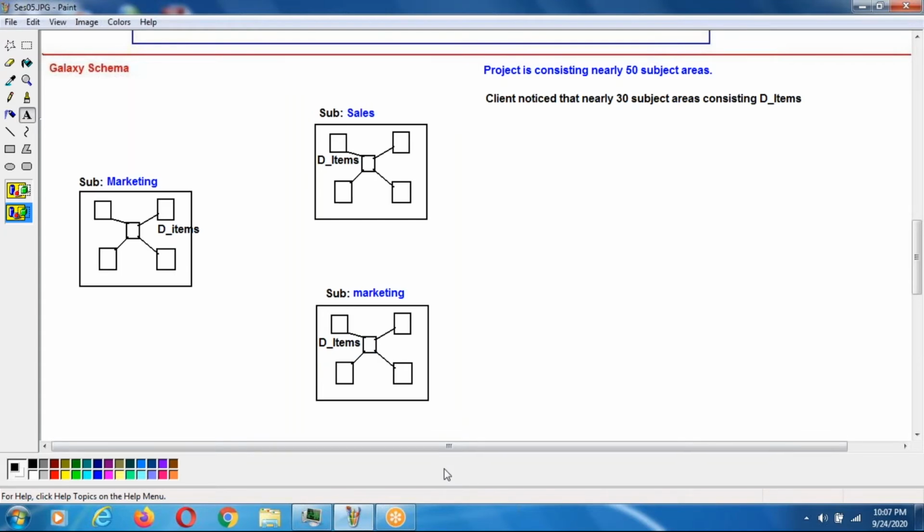So the architect has designed it in this way. The client noticed that there is an items table in each and every subject, approximately 30 subjects. So he's suggesting, why are you creating the tables multiple times? Create the table only one time and share it with other modules.